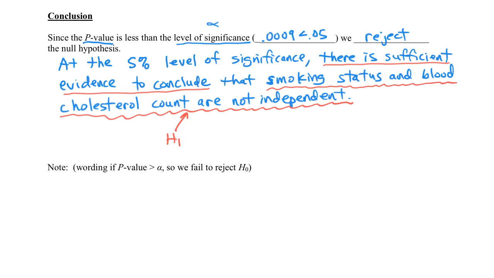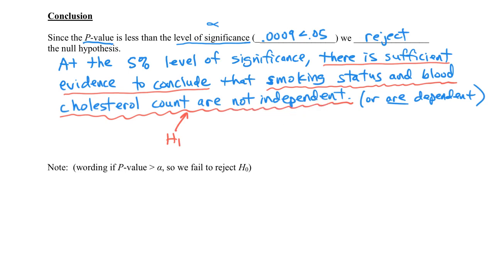Now when you say not independent, you could also say, or are dependent. Sometimes the wording's a little weird because we've got all these negatives. You could just say smoking status and blood cholesterol count are dependent instead of saying not independent.